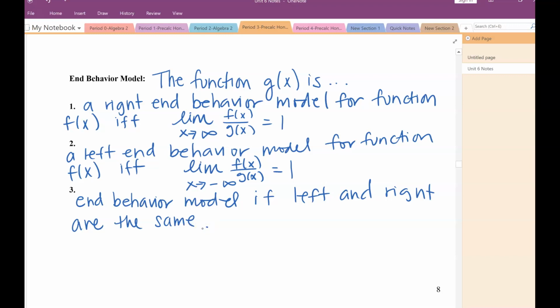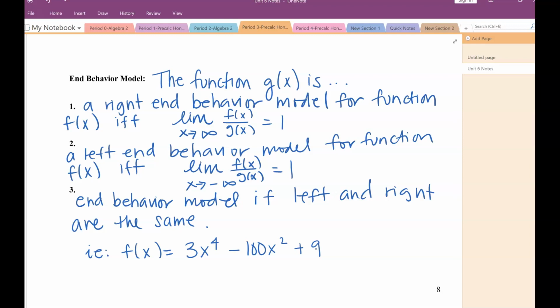So this is what I mean. Let's make up something, like, i.e., f of x is positive 3x to the fourth minus 100x squared plus 9. I have no idea what that looks like. Now, if we take the limit, okay, as x approaches 1,000,000, what do you think the y is going to be?